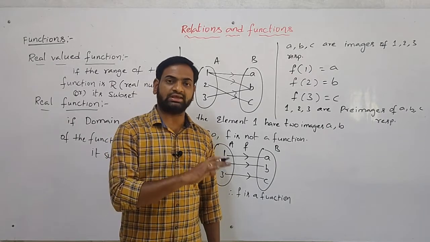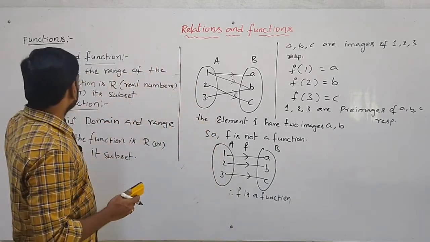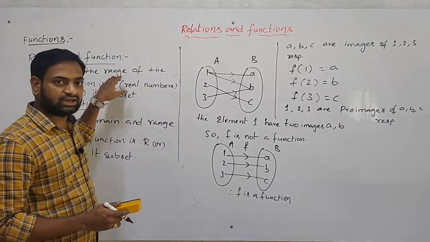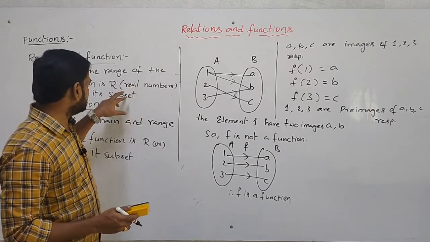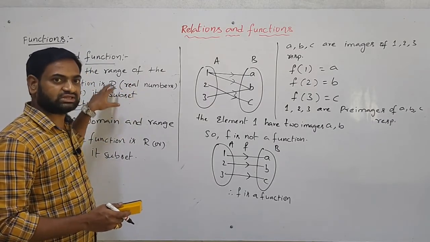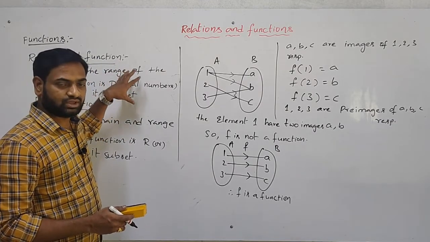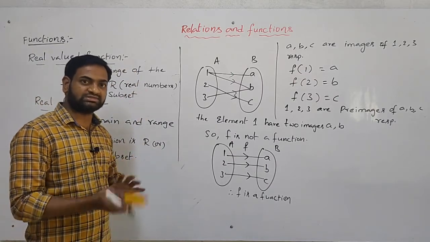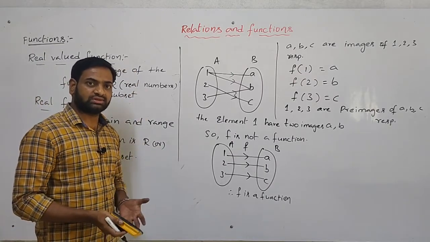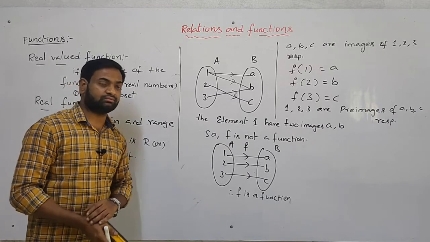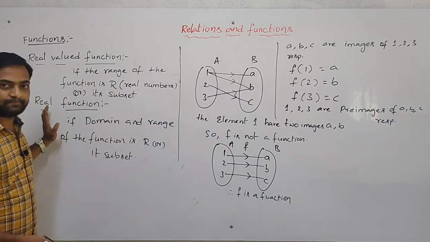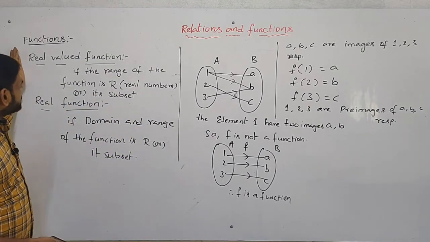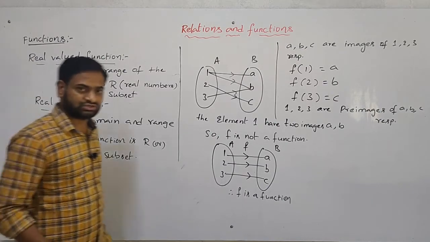If only the range contains real numbers or their subset, it is a real valued function. If both domain and range contain real numbers or their subsets, that is called a real function. That is the real valued function and the real function.